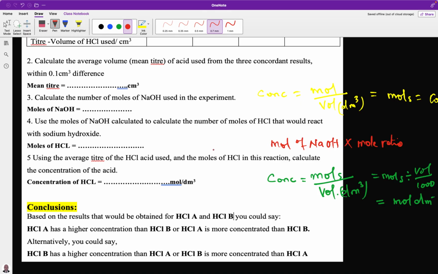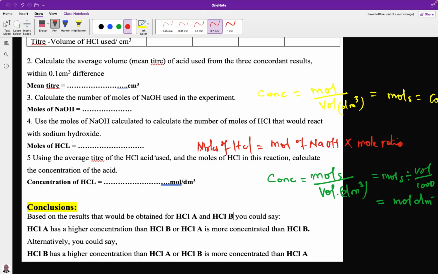The moles of acid, moles of HCl, will be equal to moles of the sodium hydroxide times the mole ratio. Now you get the moles of the acid.